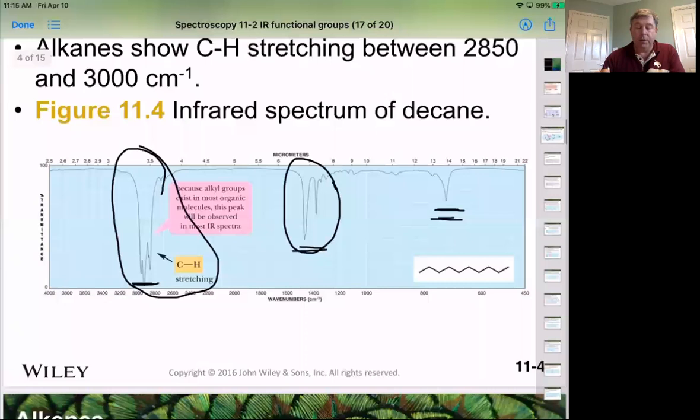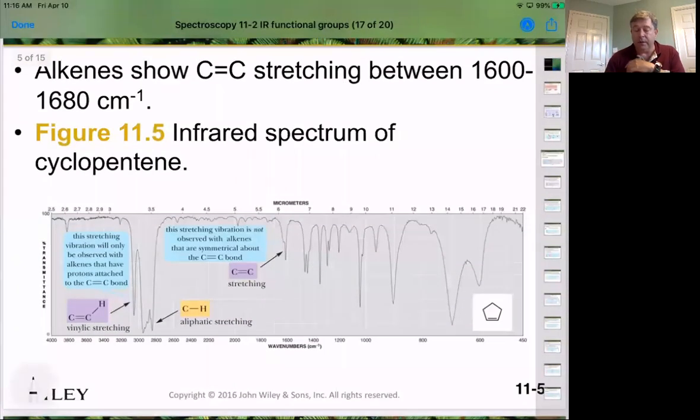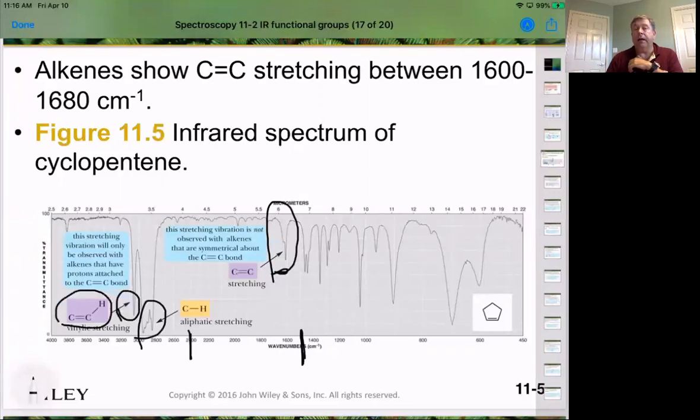In contrast, if we add that carbon-carbon double bond to it, we gain a peak above this 1500. Here's our 1500 to 2500 range, right here somewhere. And so we gain this peak that we didn't have in the hydrocarbon. We still have our carbon-hydrogen peak for an aliphatic stretch, but we gain a small peak here for our carbon-hydrogen on a carbon-carbon double bond.